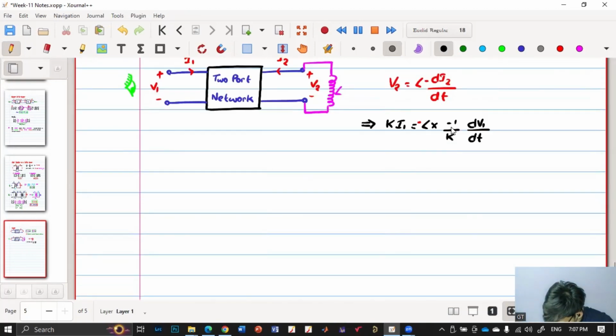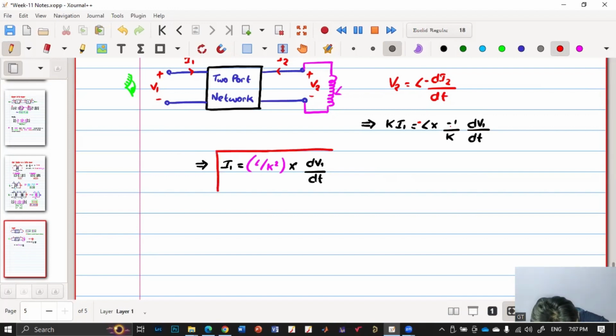So now I can write the equation as I1 equal to L by K square into dV1/dt. This is the equation of a capacitor, right?